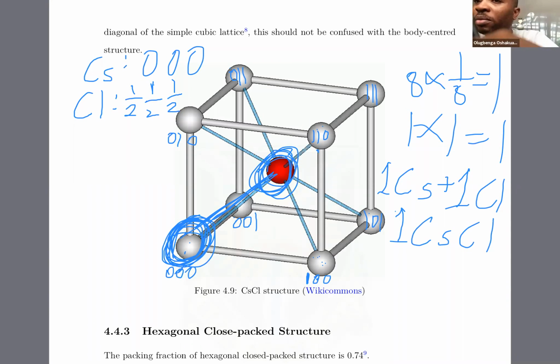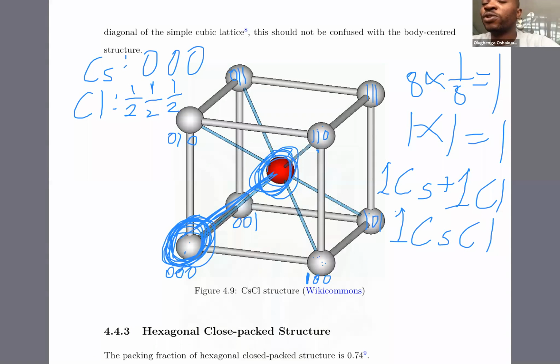Okay. You see, if you want to know how the structure will look like, then you'll be solving the Schrodinger equation. These ones are known. That is why we have them. We have a database where you can check how it will look like, and you can also decide to do some calculation like the one I was trying to do using Quantum Espresso in the last class.